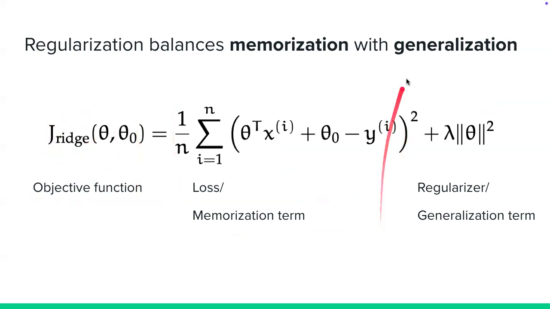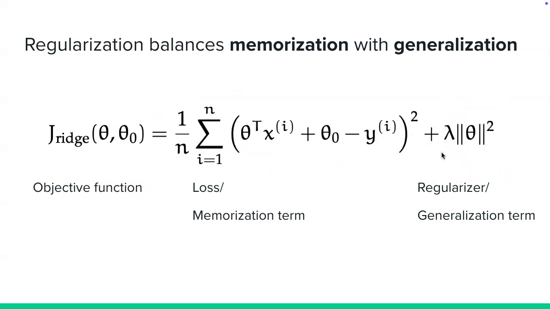This is our loss. This is just the mean squared error that we saw before, so it's nothing new. And then we have a new term called the regularizer term. And this is lambda norm theta squared. What is this lambda, you might ask? So if lambda is 0, then we have the same loss function that we had before.